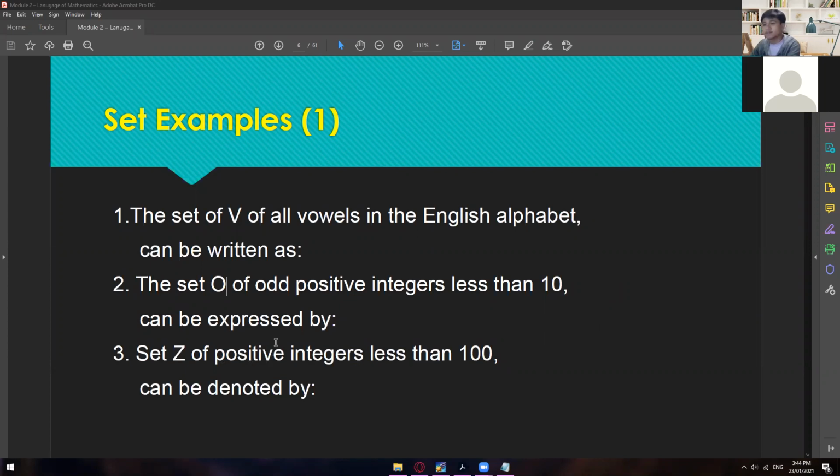How about number three? Set C, the positive integers less than 100. It can be denoted by... Who's trying to answer number three?